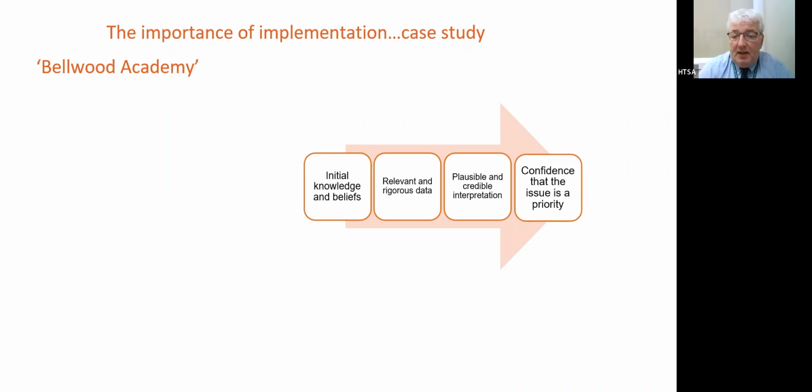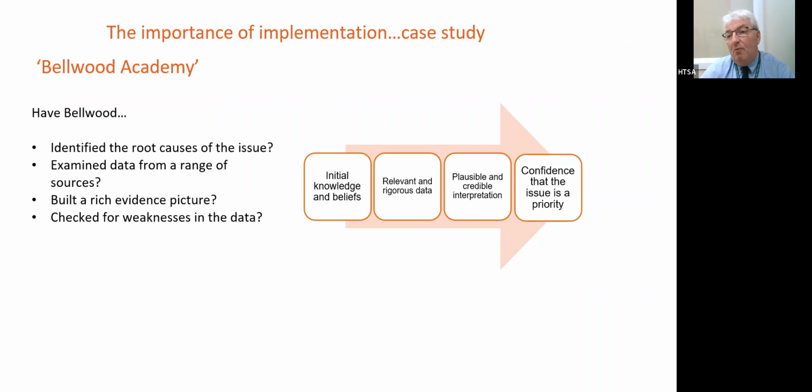So again, if we look through the process in terms of implementation and thinking about plausible and credible interpretations, they had some initial knowledge. The head of year had a gut feeling, and they'd found some data, and then they gradually improved that, and started to come up with a credible interpretation once they started digging more into it.